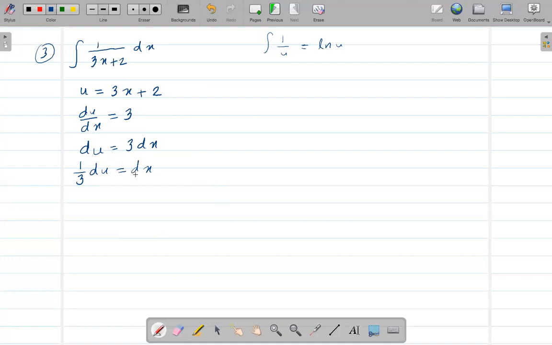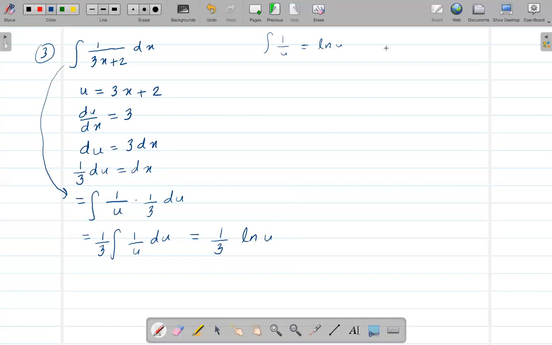So I can replace this dx by this whole thing in terms of u. This will be the integration of 1 over 3x plus 2, which is u, right? And this dx is 1 over 3 du, right? So again, I can take that 1 over 3 out. So I just have 1 over u du, right? So this is 1 over 3 times the natural log of u.